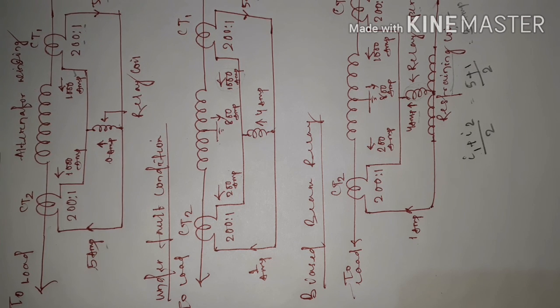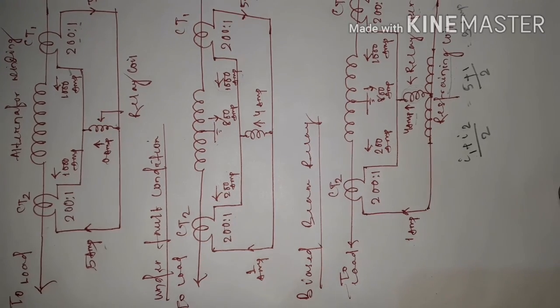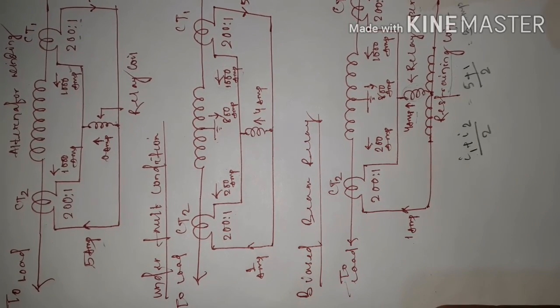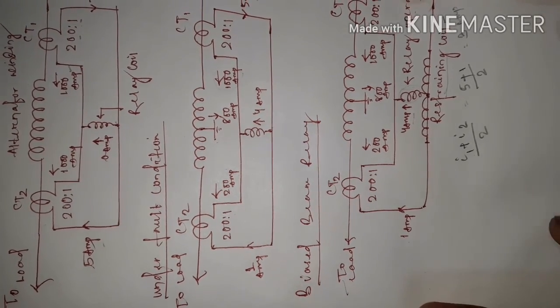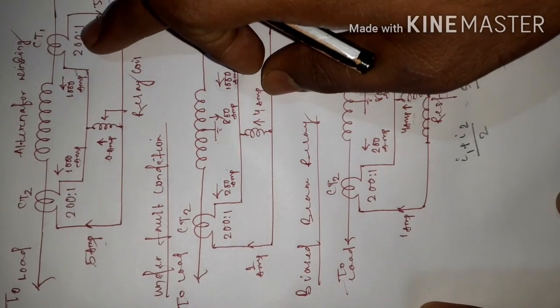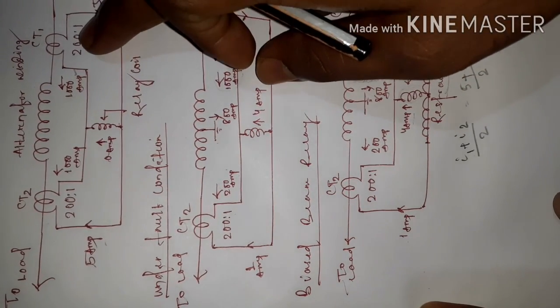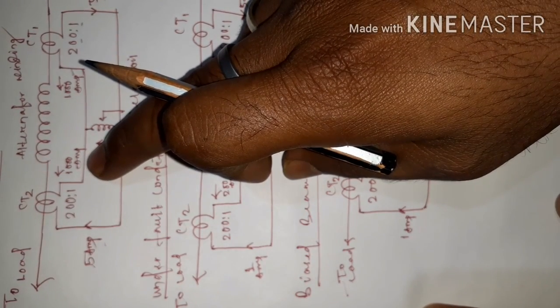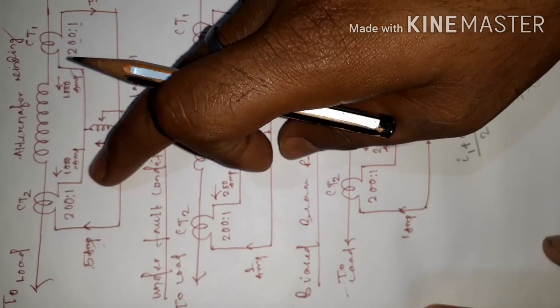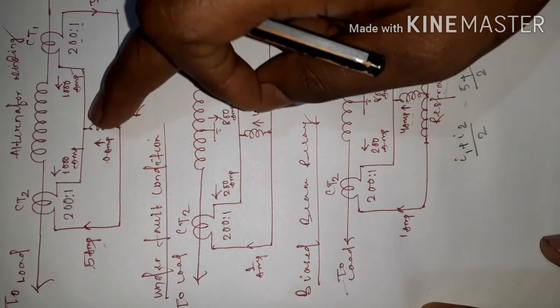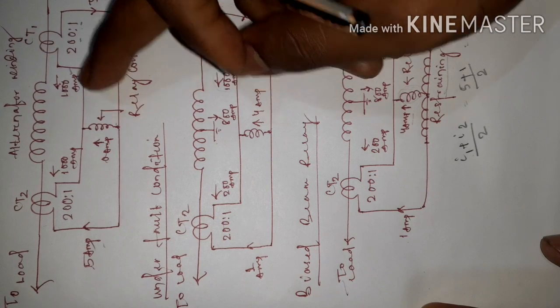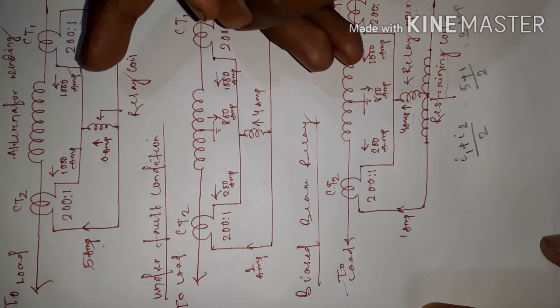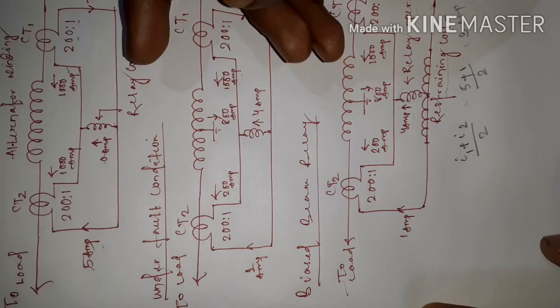In the next video, we will discuss voltage balanced differential relay. This relay is called current differential relay because of the difference of current: the amount of current entering the alternator winding and the amount of current going out from the alternator winding are different.